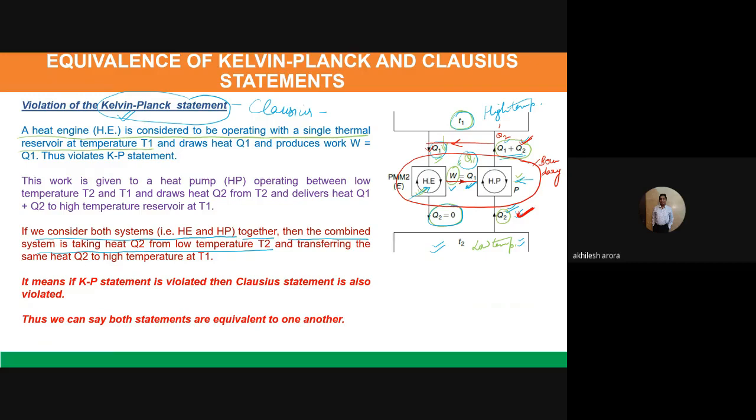So effectively, we are transferring the energy Q2 from the low temperature reservoir to the high temperature reservoir without the aid of any external work, because this is the system, and there is no work transfer to this system. So if we violate the Kelvin Planck statement, it also violates the Clausius statement. So both these statements are equivalent to one another.